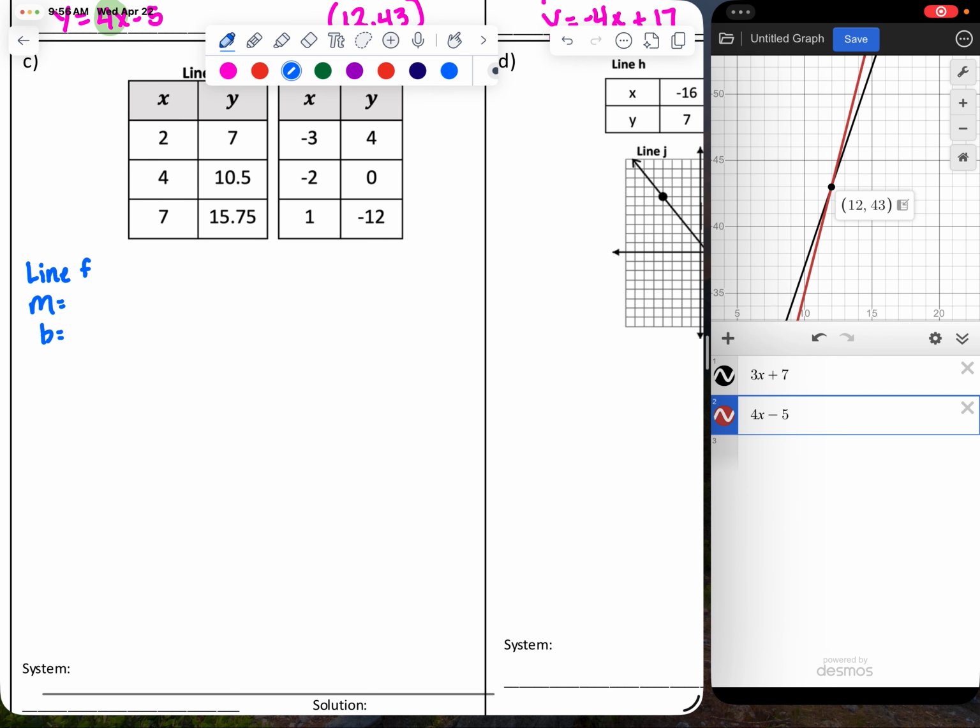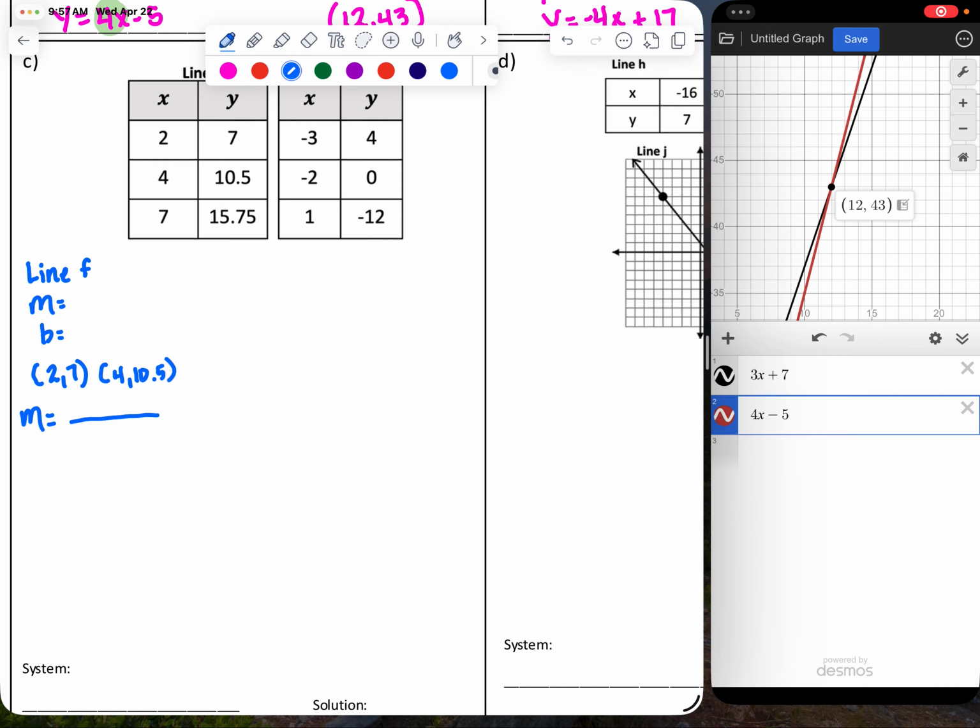All right. So let's start by finding the slope. To find the slope, I need to pick two friendly points. So I'll just use the first two friendly points, 2, comma 7 and 4, comma 10.5. Now, we're going to have to use our slope formula. It might have been a while since you've used the slope formula.